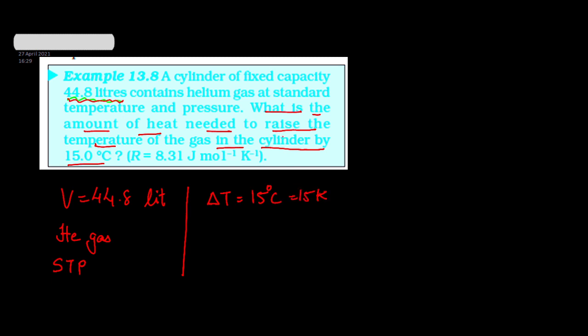Raise temperature by 15 degree Celsius. Okay, so delta T is given. Now we have to find heat, the amount of heat needed, so Q has to be found, right? Which kind of process is this?